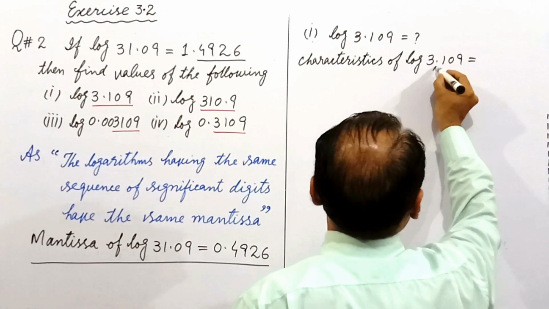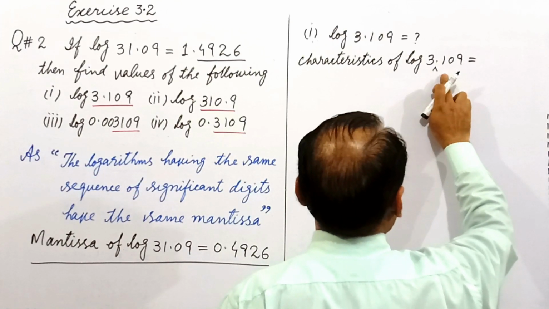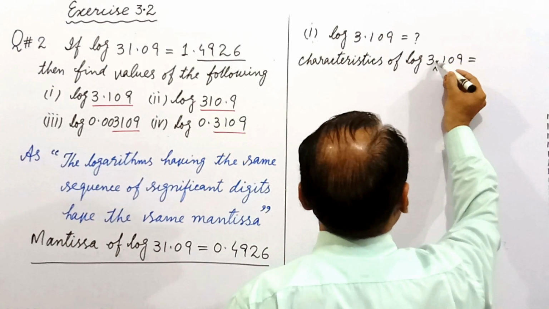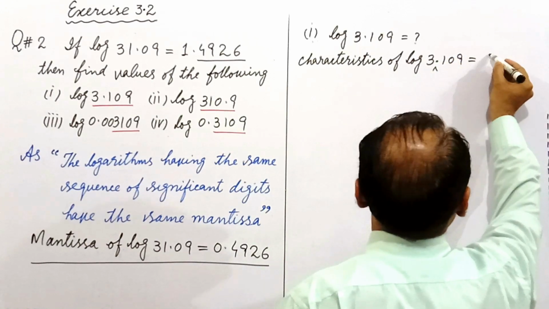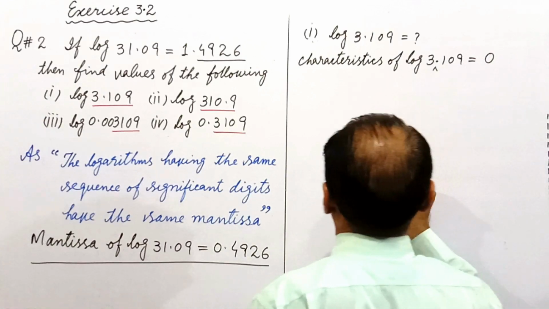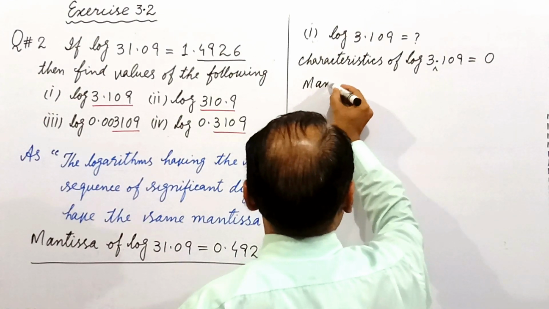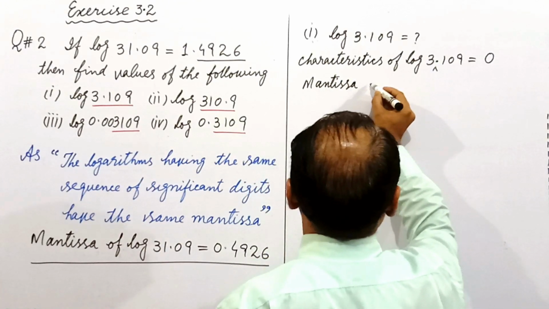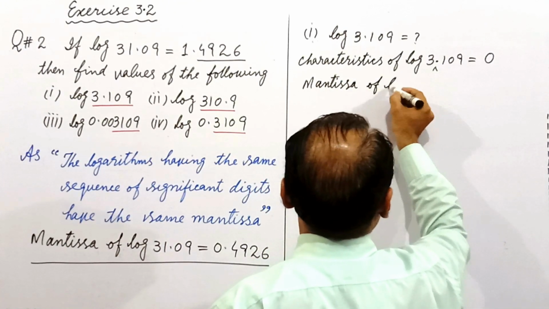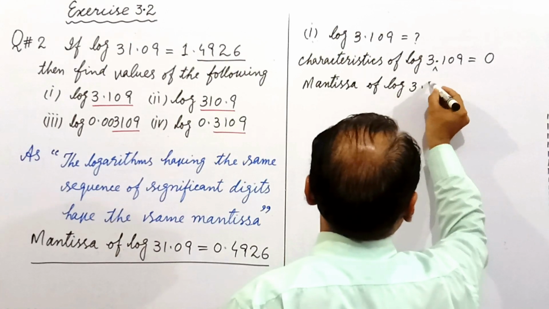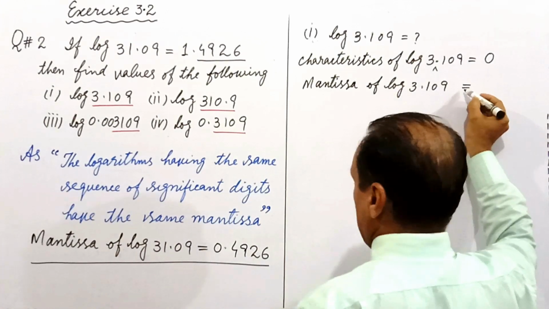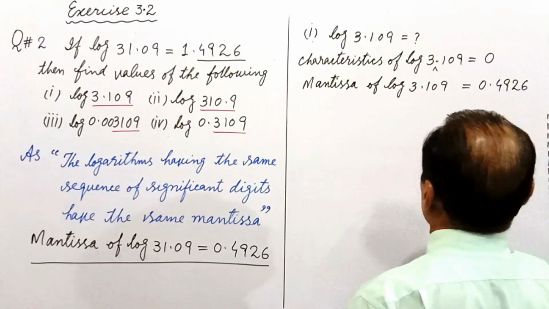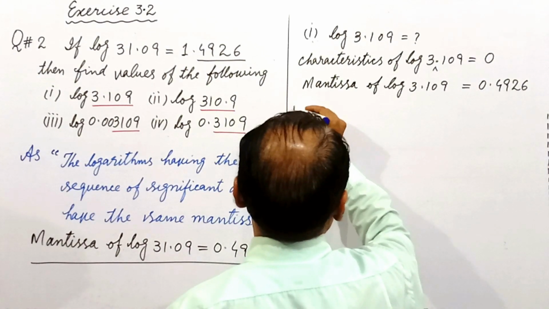If we place the reference position after the first non-zero digit from the left hand side, we count the digits; there is no digit between, as the decimal point lies above the reference position, therefore the characteristic will be 0. And we use the same mantissa, as the sequence of significant digits is the same. Mantissa of logarithm 3.109 will be equal to 0.4926.